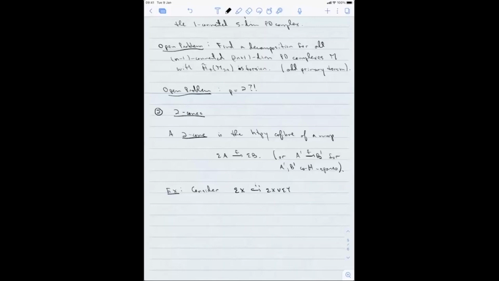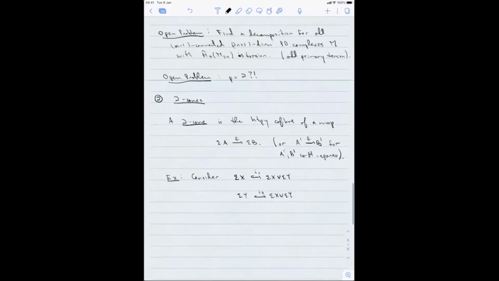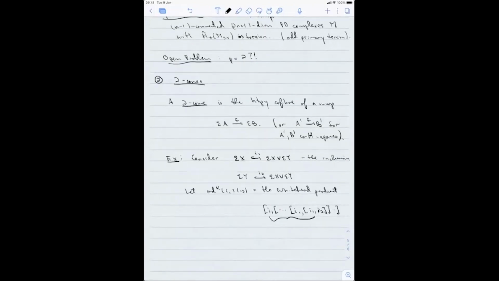To describe that, we'll give names to the inclusions of suspension X and suspension Y into the wedge, I1 and I2. Let ad^k(I1, I2) be the Whitehead product where we take the bracket of I1 and I2 and then repeatedly bracket it with I1, so there are k copies of I1 here.